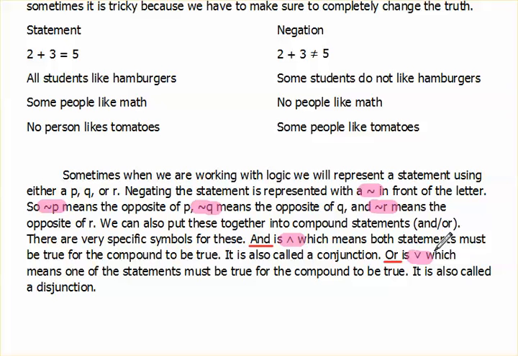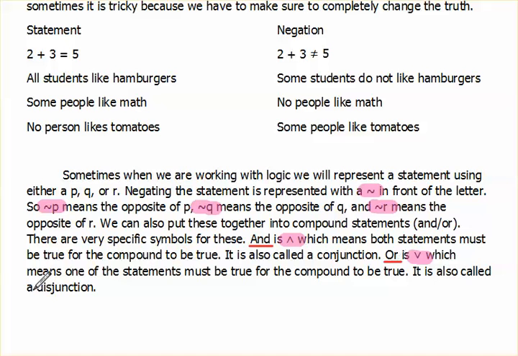If I did one of them, I didn't lie to you. The only way I would have told you a falsehood is if I didn't do either one of them, because I said this one or that one. So or means that one of the statements must be true for the compound to be true.